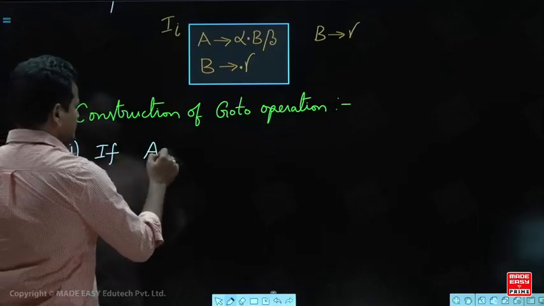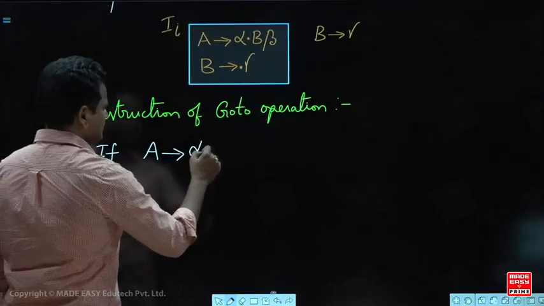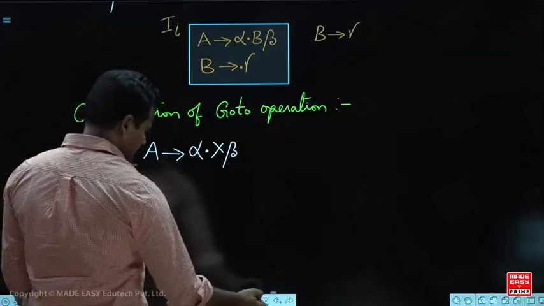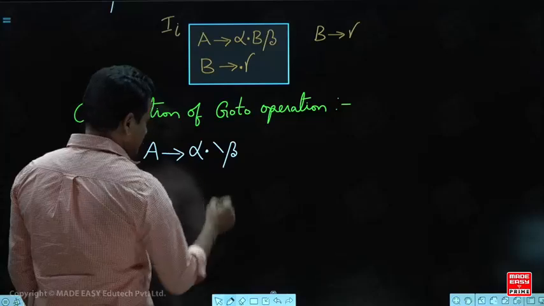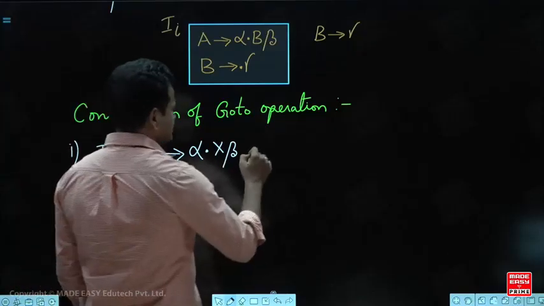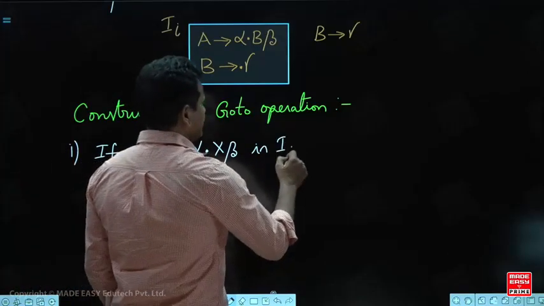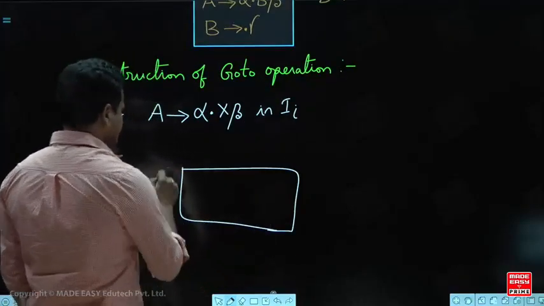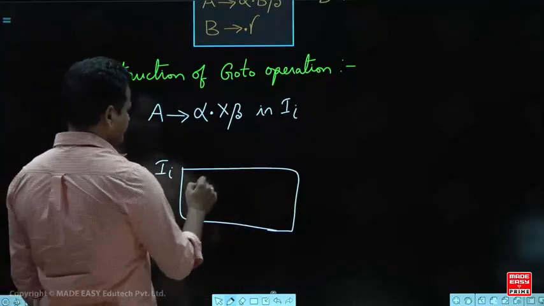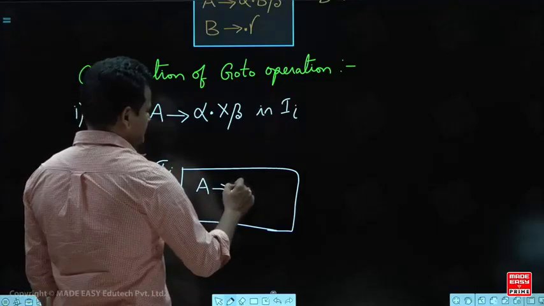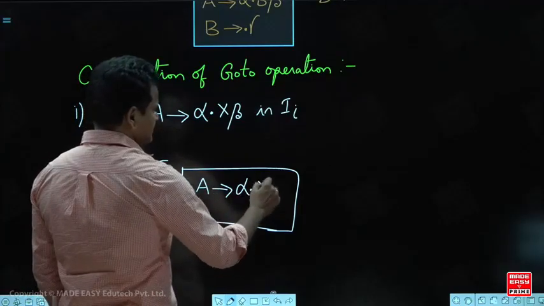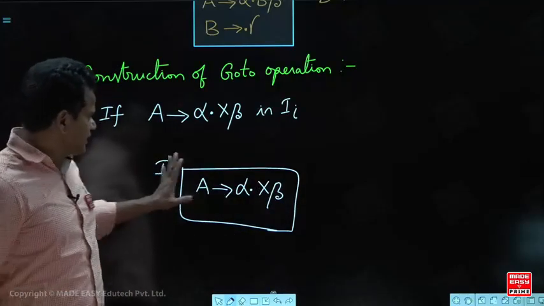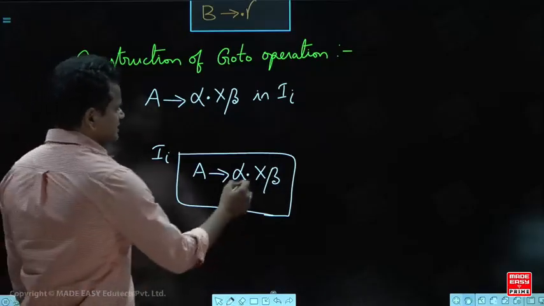Suppose there is a production A → α·Xβ in some state I. The meaning of this is there is a state, the name of the state is I, and in this state there is a production like this.